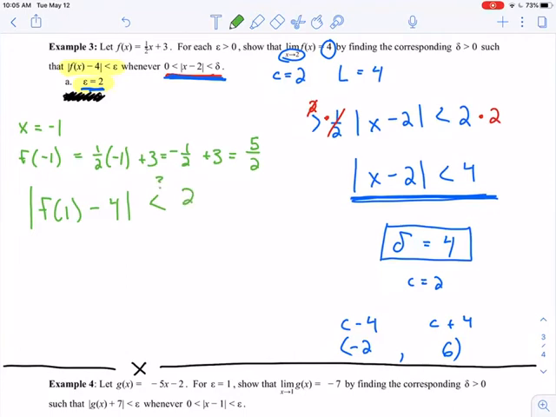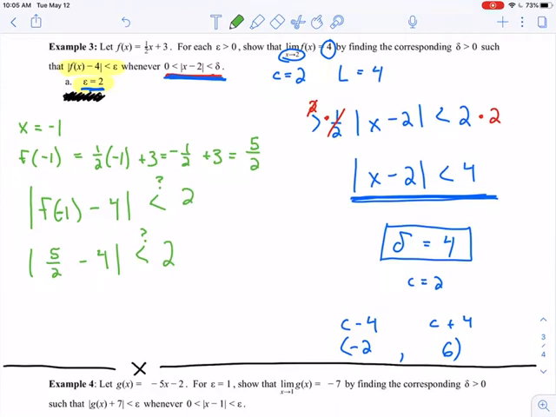I don't know right now, but I'm going to show whether it is or is not. When I plugged negative 1 into my function, I ended up with 5/2, so we know that 5/2 minus 4 should be less than 2.